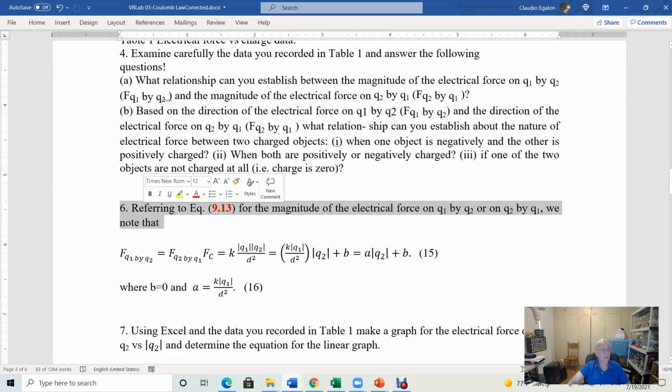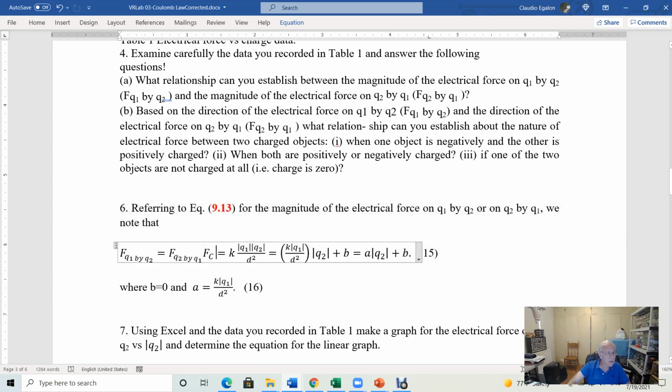Now, referring to the magnitude of the electric force, we know that the force of Q1 by Q2 is equal to the force of Q2 by Q1; we're talking about the magnitude here.